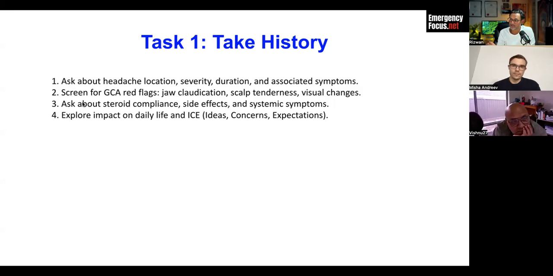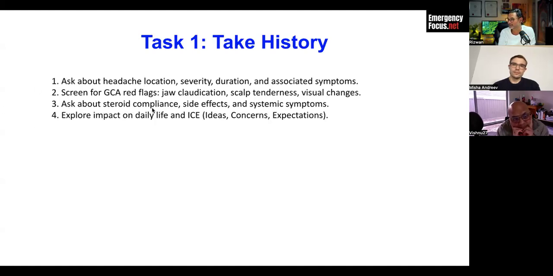But then again, what makes the scenario sound more like temporal arteritis would be that specific scalp tenderness, visual changes, jaw claudication. That is specific information that you need to establish to move away from meningitis, encephalitis, and other forms of cervical or referred pain headaches, plus the fact that the patient is on prednisone.